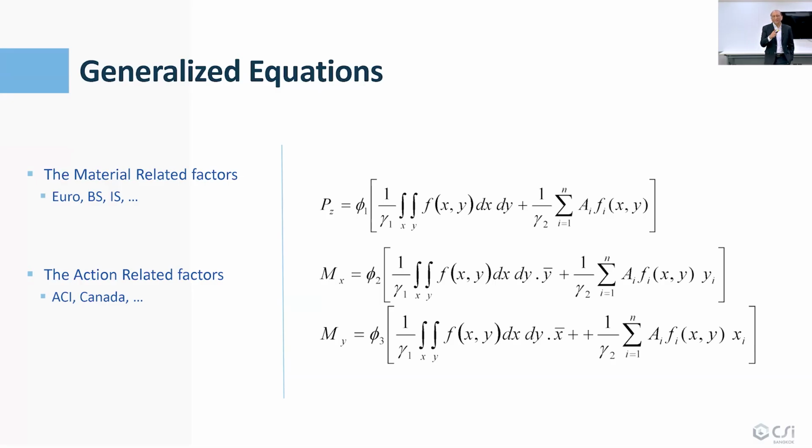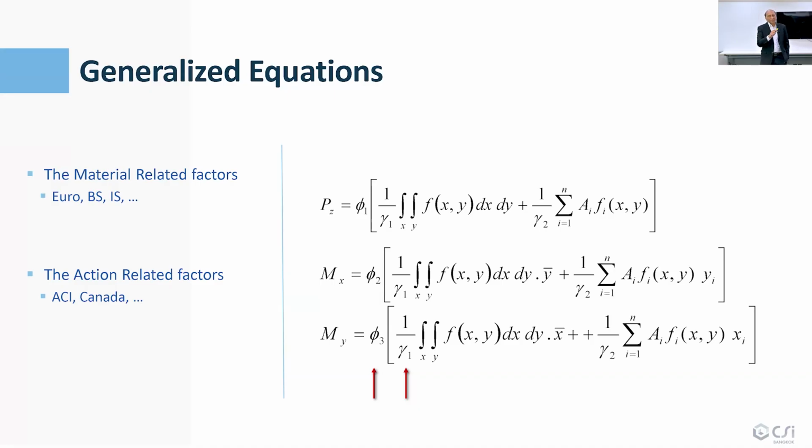For ACI, Canadian, and other codes, they decrease the capacity directly by a phi factor. If we include both these factors in the equations, then the equations that we developed earlier become universal, and they can be modified to handle any design code, either by modifying the material components or by modifying the entire resultant.